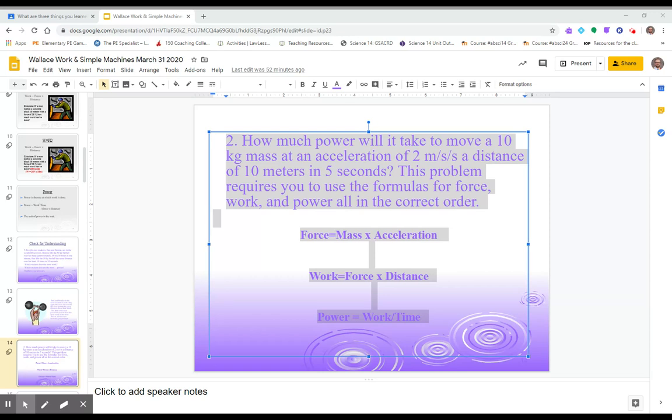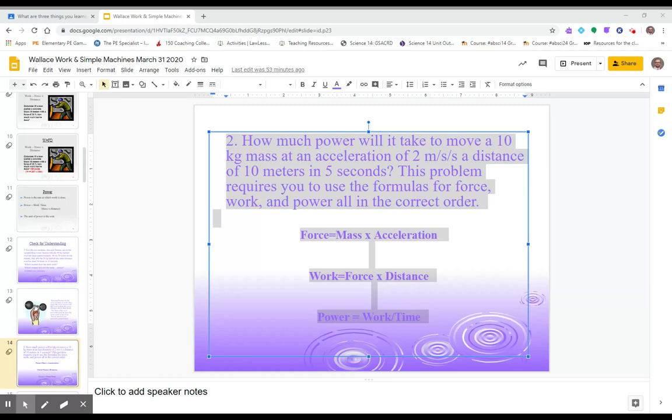So our force is mass times acceleration. My 10 kilogram mass is 10 kilograms.